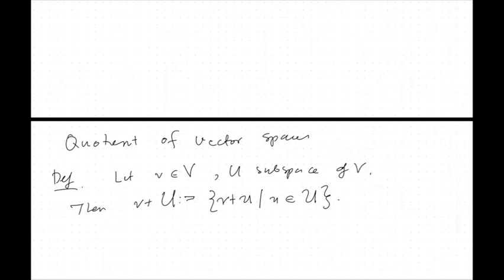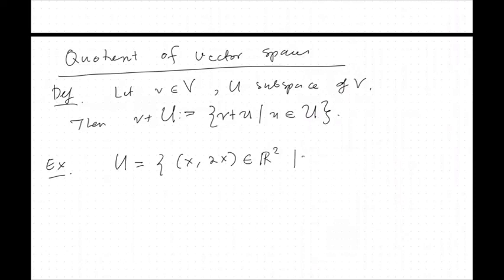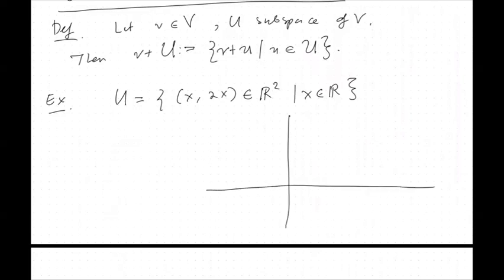For example, we have U defined as (x, 2x). These are elements of R2, and x here is an element of R. If your first component is x and your second component is 2x, then this is just a line through the origin.